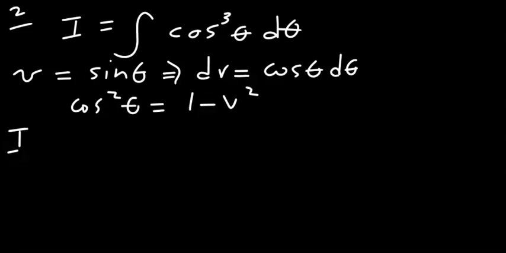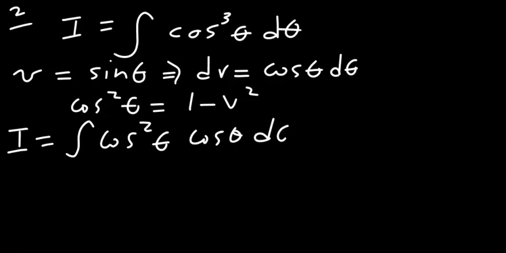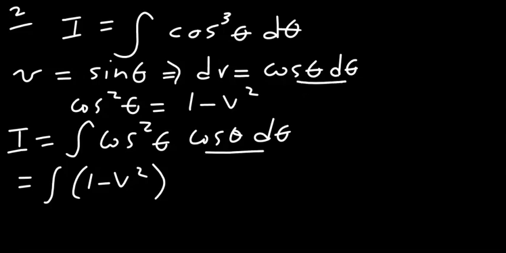So let's rewrite I in the following manner. Cosine squared theta, cosine theta d theta. And this is just cosine squared is 1 minus v squared. Cosine theta d theta from that line is just dv.